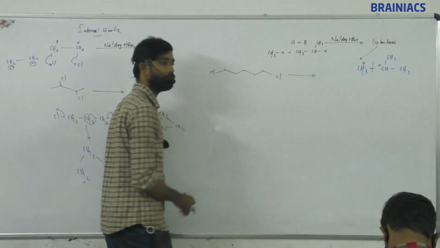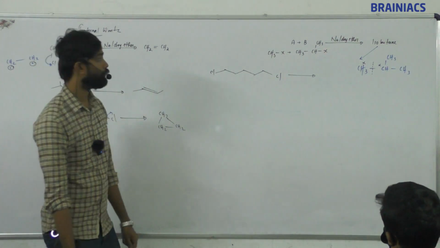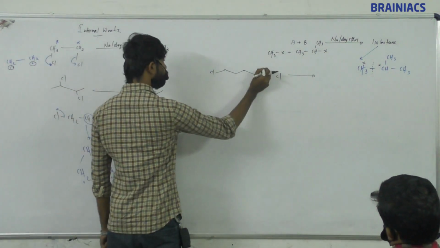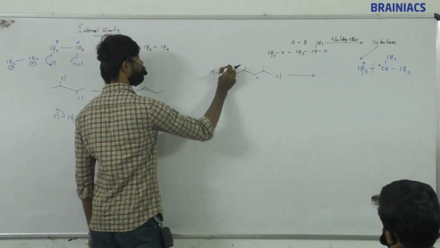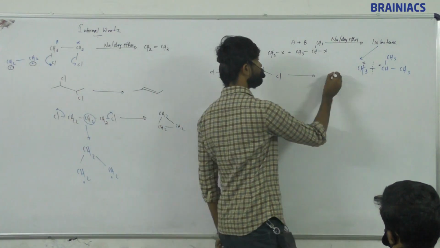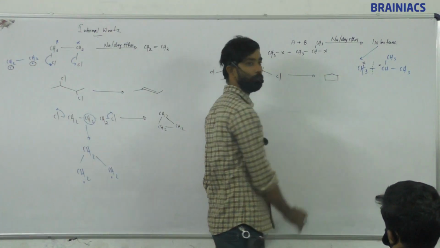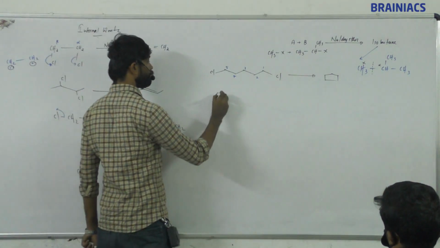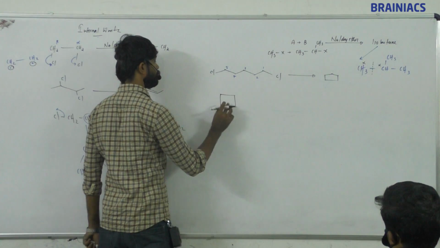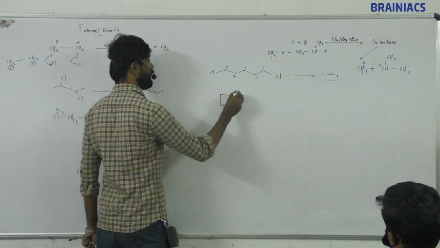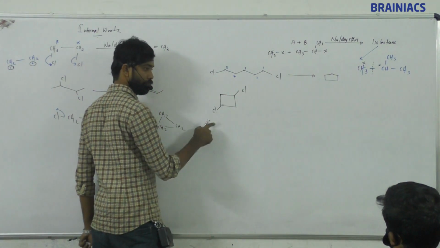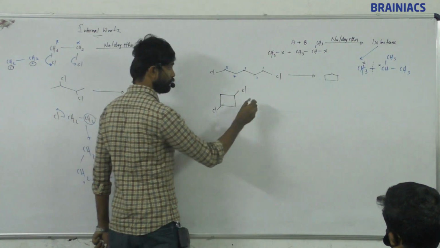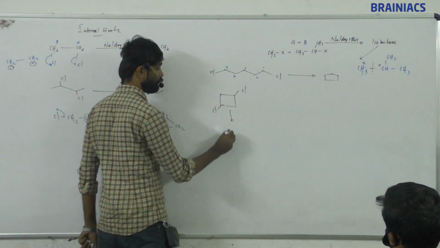How many carbons in a terminal position? How many carbons? 1, 2, 3, 4, 5. So there will be a chance for a ring of 5 carbons. Agreed. Listen, if they are in a diagonal position, what about the free radical formed?